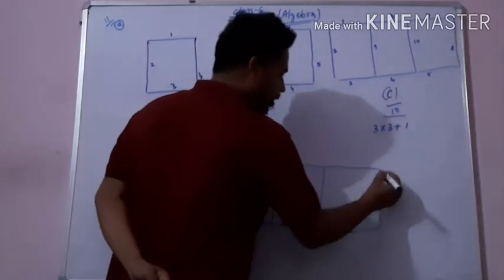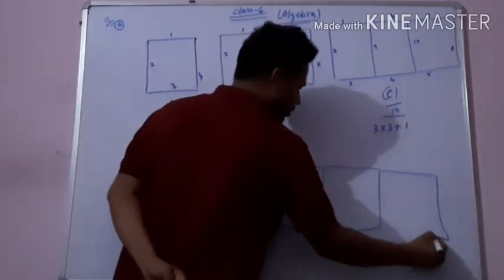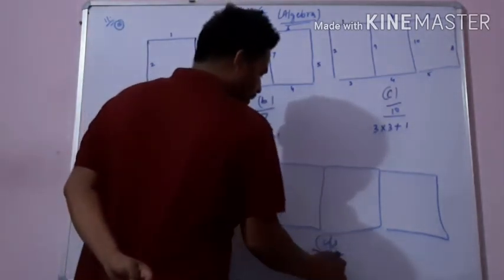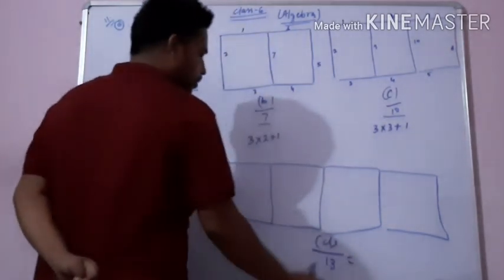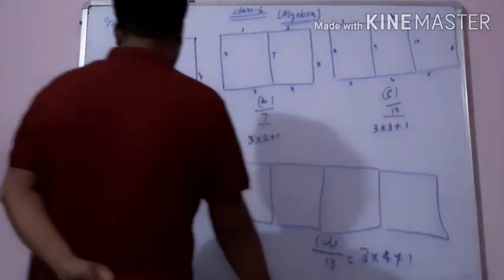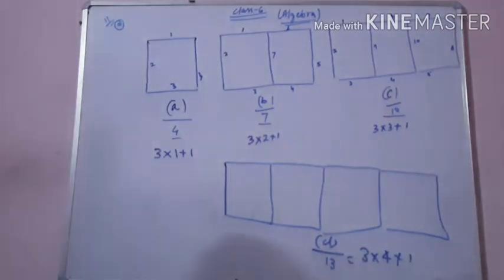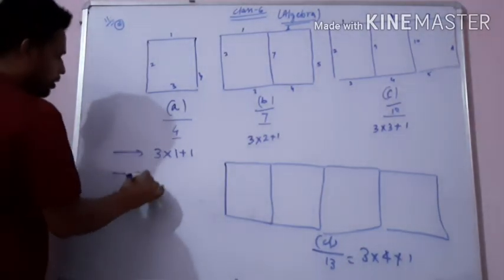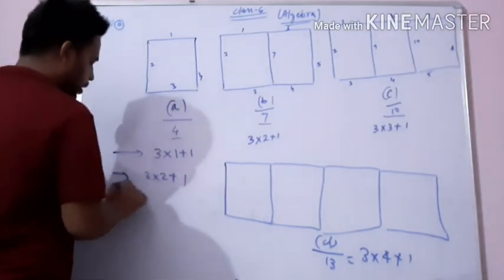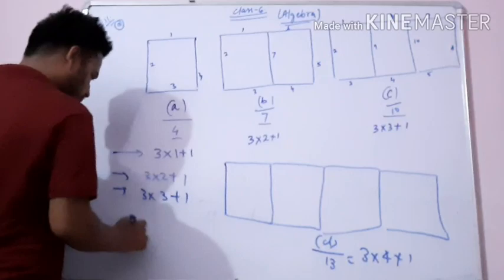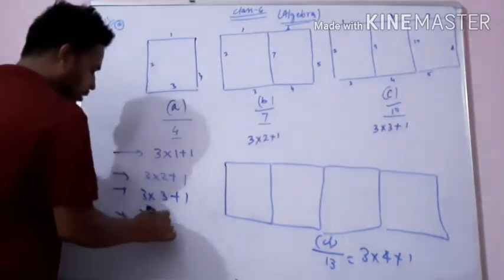In figure D there are a total of 4 squares. So for D, how many? 13. 13 can be written as 3 multiplied by 4 plus 1.